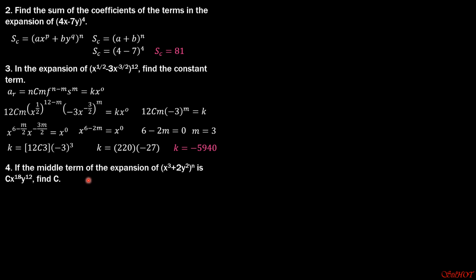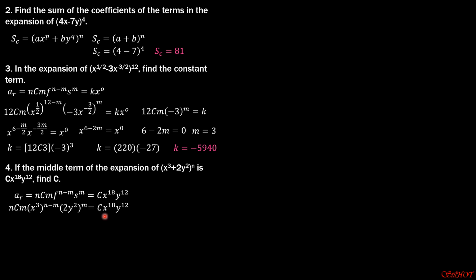The middle term position is also unknown, so n is unknown. So the term nCm, first term to the n minus m, second term to the m, is c x to the 18, y to the 12. So substitute nCm, x cubed raised to n minus m, then quantity 2y squared raised to m equals c x to the 18, y to the 12.